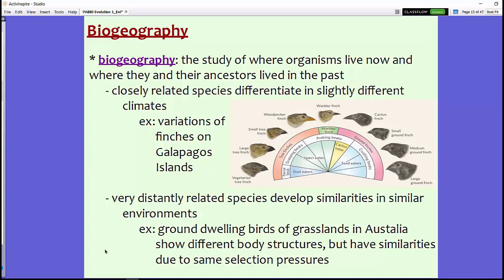Different grasslands around Australia might have different types of environments for them, but they've developed similarities. Let's say, for example, food or carrying capacity or some of the things that might be located in the environment.